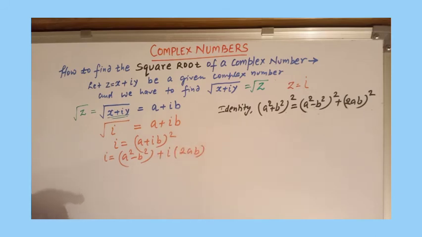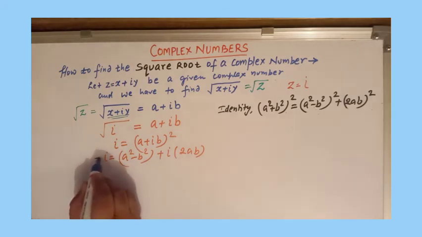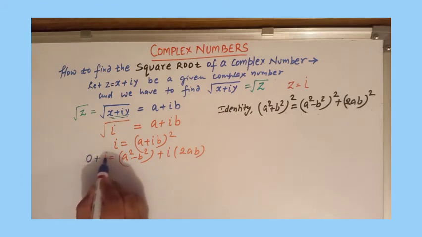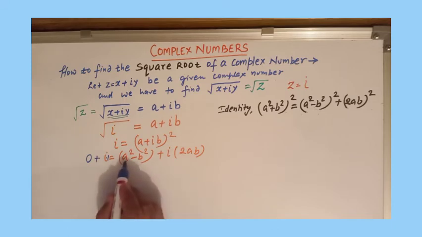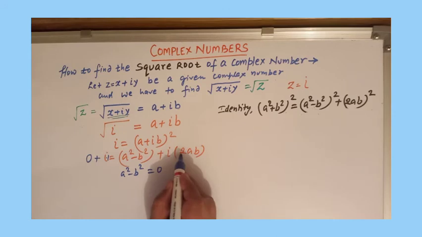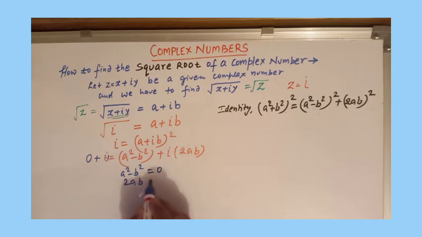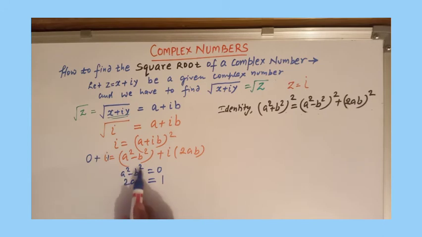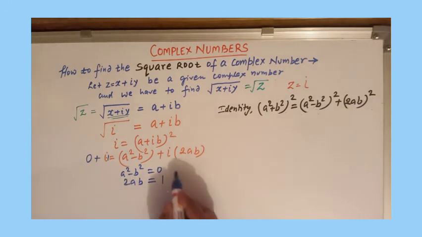Now comparing the real and imaginary parts on both sides, because here we have 0 and here we have iota times 1, we have a square minus b square is equal to 0 and 2ab is equal to 1. Because this is 0 plus iota times 1.